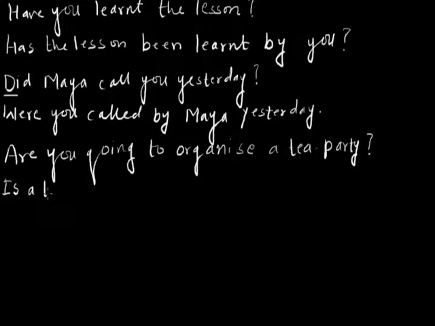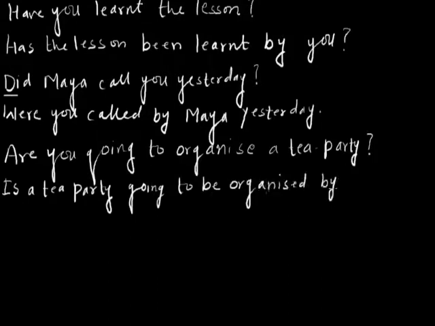Okay, then the object a tea party. Okay, then going to be will be used, and the third form organized by you. Is a tea party going to be organized by you will be the passive voice of this sentence. So in this manner we make the passive voice of the sentences in which there is a question and which begins with a helping verb.